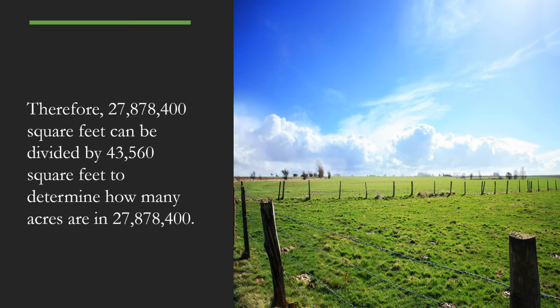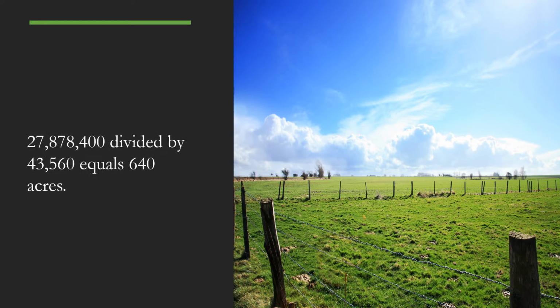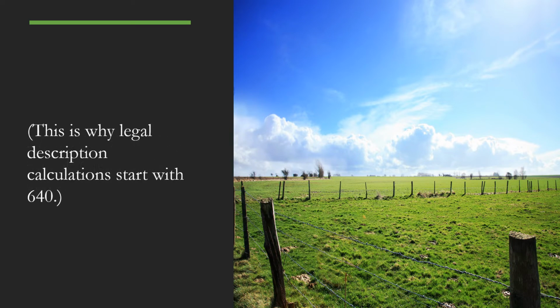Therefore, 27,878,400 square feet can be divided by 43,560 square feet to determine how many acres are in the figure of 27,878,400, which actually, when divided out, equals 640 acres. And this is why legal description calculations always start with 640.